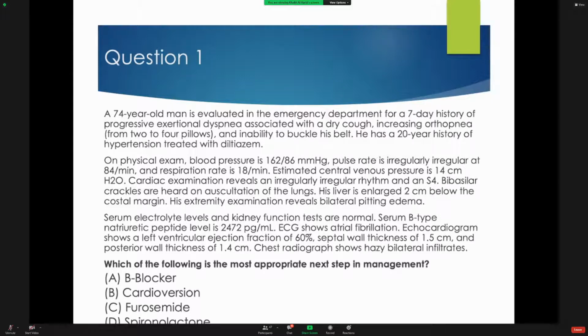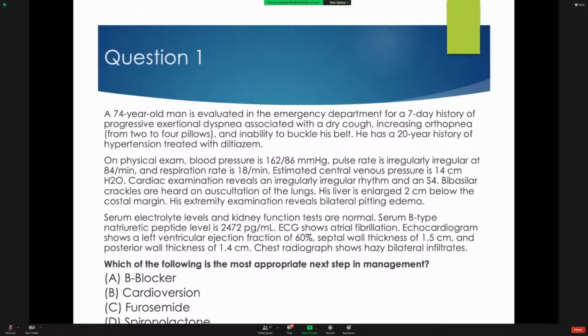Cardiac examination reveals an irregular rhythm and an S4. Basilar crackles are heard on auscultation of the lungs. His liver is enlarged 2 centimeters below the costal margin. His extremity examination reveals bilateral pitting edema. Serum electrolyte levels and kidney function tests are normal.